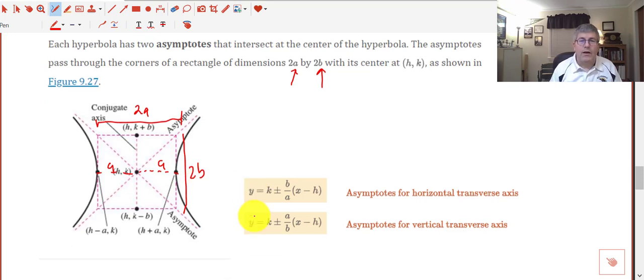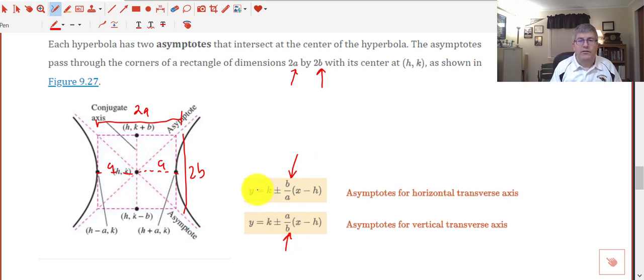and our whole length on the left and the right of that rectangle is 2b. Our asymptotes have equations, and it depends on if the branches of the hyperbola open along the horizontal or the vertical axis. The thing that changes here is essentially our slope gets flipped.